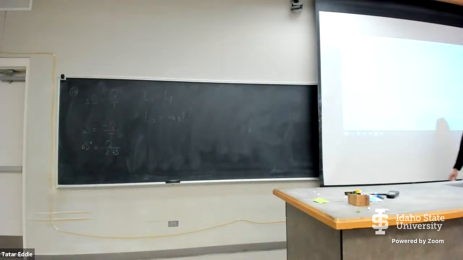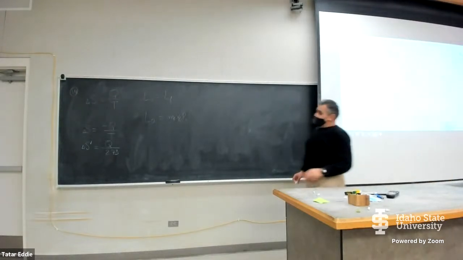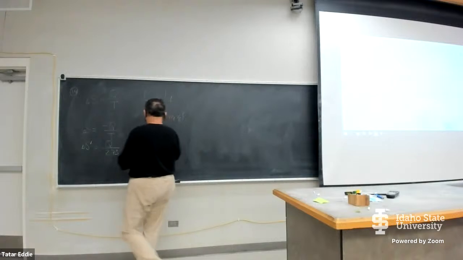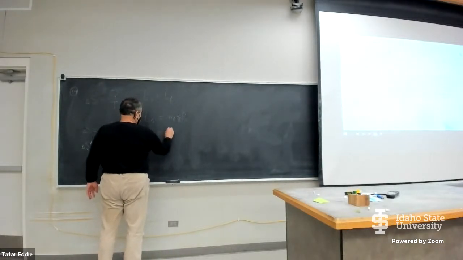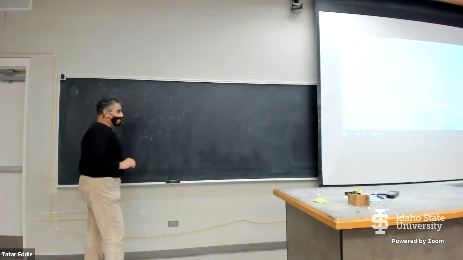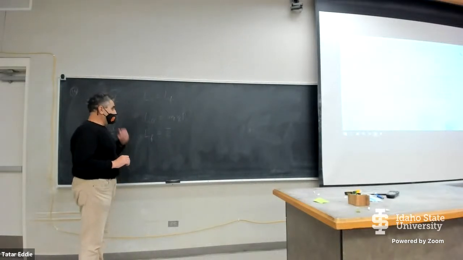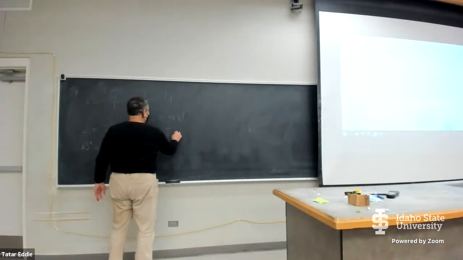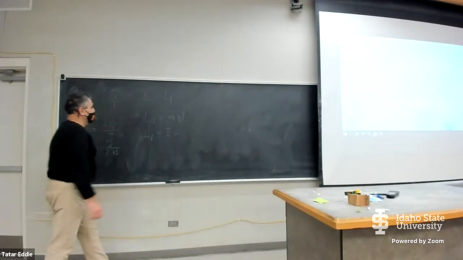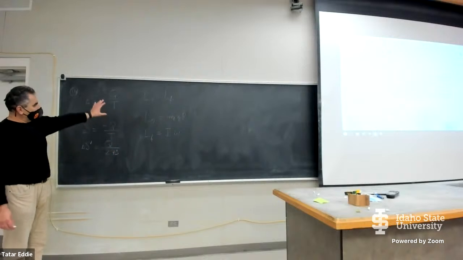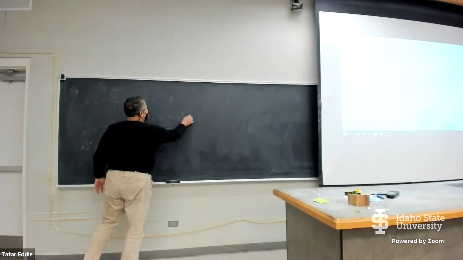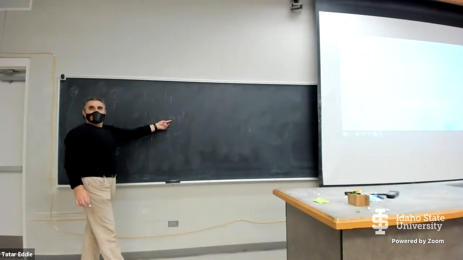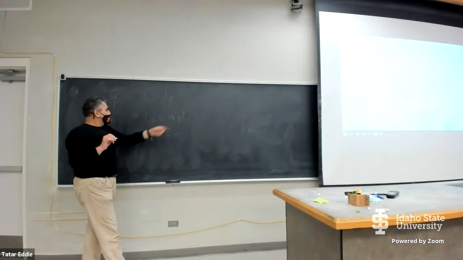Well, after the collision, the angular momentum has to be equal to the moment of inertia of the system multiplied by its angular velocity. By the way, you can interpret this by saying this is something like the angular velocity of the bullet just before the collision.